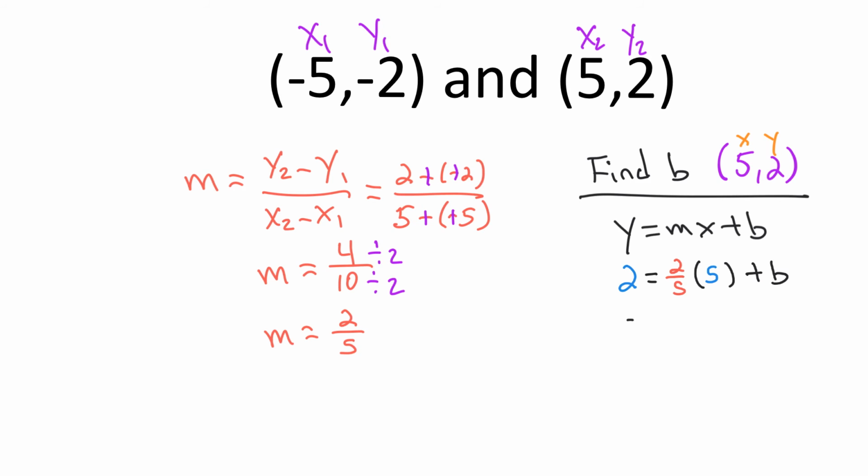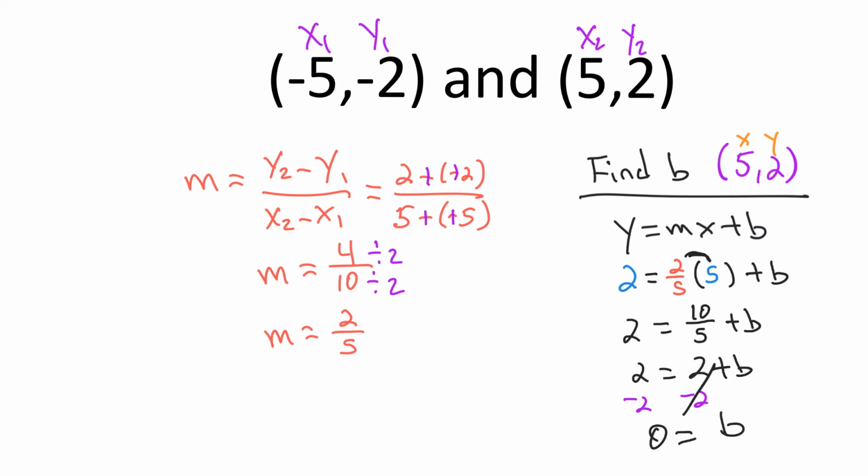So when you guys simplify, 2 equals, you multiply 2 times 5, that's 10, and you guys keep the denominator, plus b. So 2 equals 2 plus b, and subtract 2 from both sides. So 0 equals b.